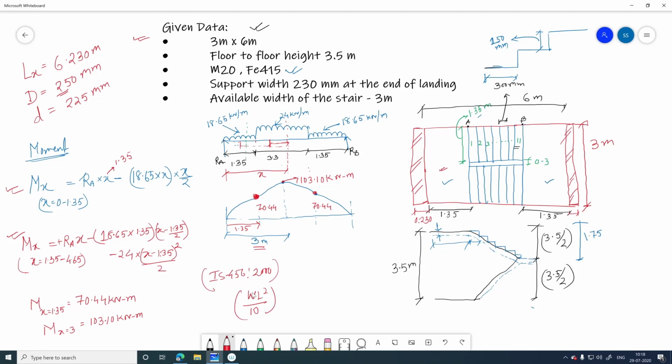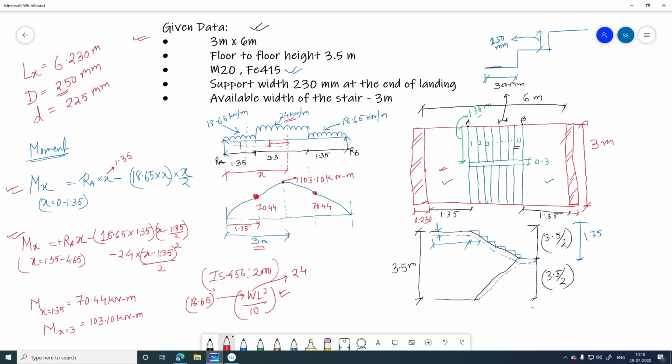So you use the value of W, that is 18.65, to determine the moment at the landing slab, and you also use the value 24 kilonewton per meter, here you can see, to determine the moment at the waist slab. So you can also use this formula, that is WL square by 10.